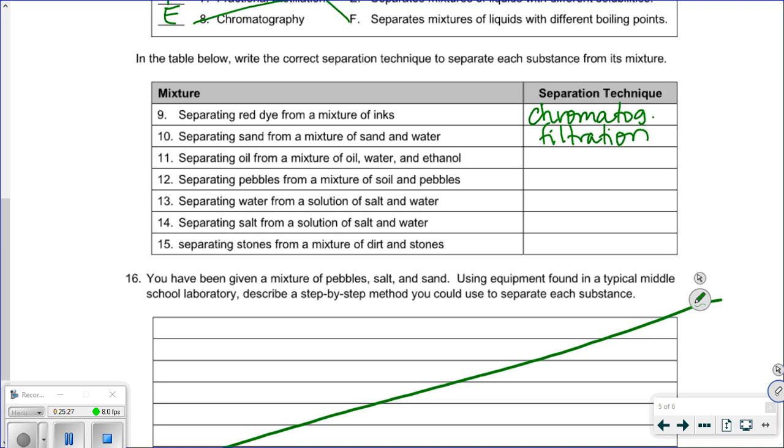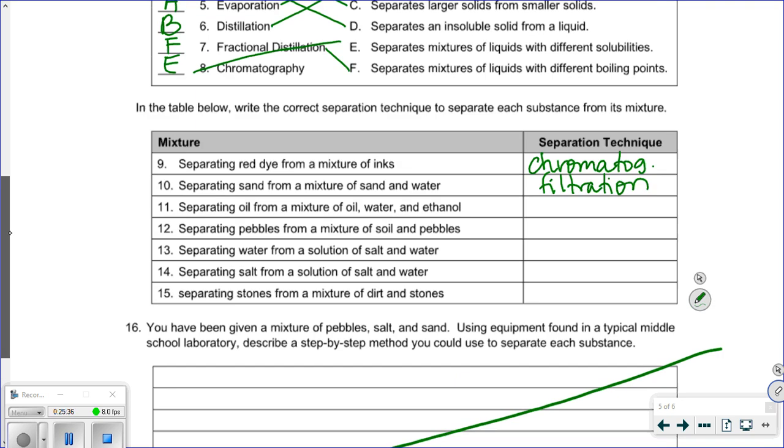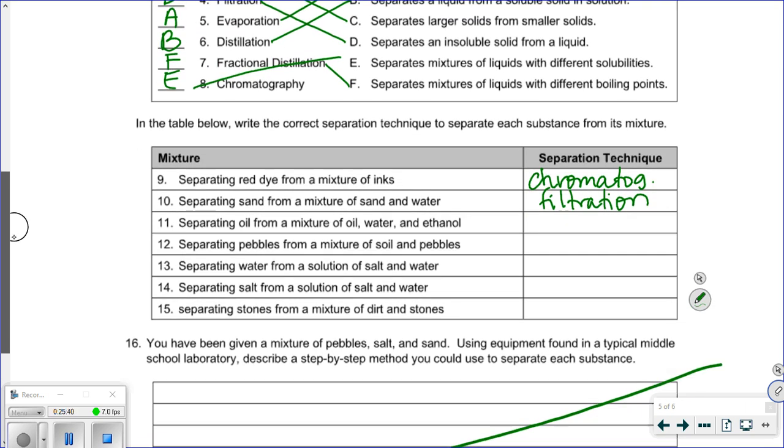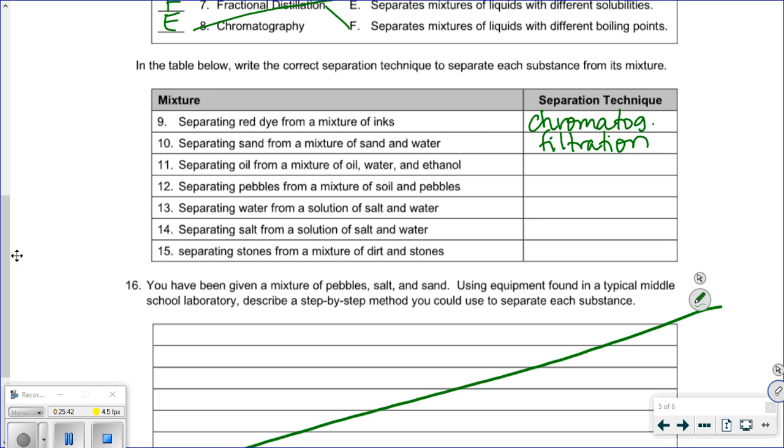Okay, that one's a little harder. So I personally, because they all have different boiling points, but they also have different solubilities. So if we go look at our different techniques, distillation would work. And actually, chromatography might work as well. Okay. Separating pebbles from a mixture of soil and pebbles. Well, that's sieving.